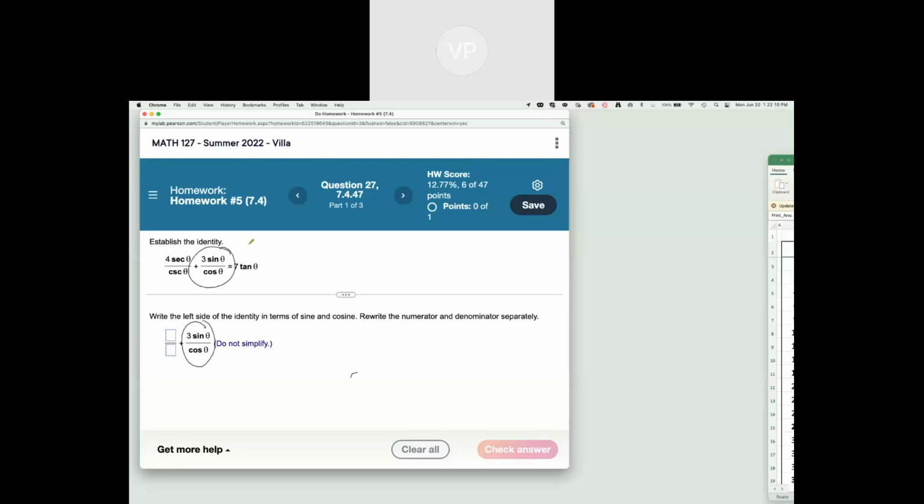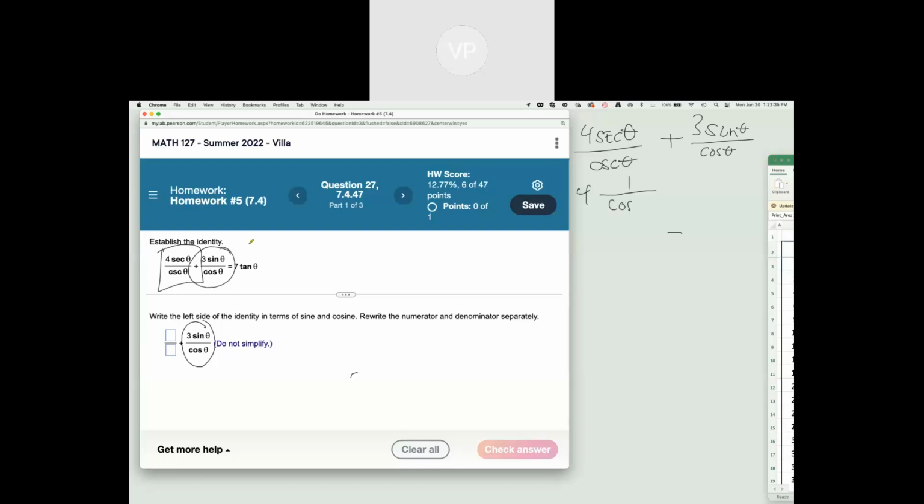So notice this didn't change. This is the thing they want us to rewrite as sines and cosines. So over on the right here, this 4 secant theta over cosecant theta plus 3 sine theta all over cosine theta. Okay, so they said rewrite that left side.